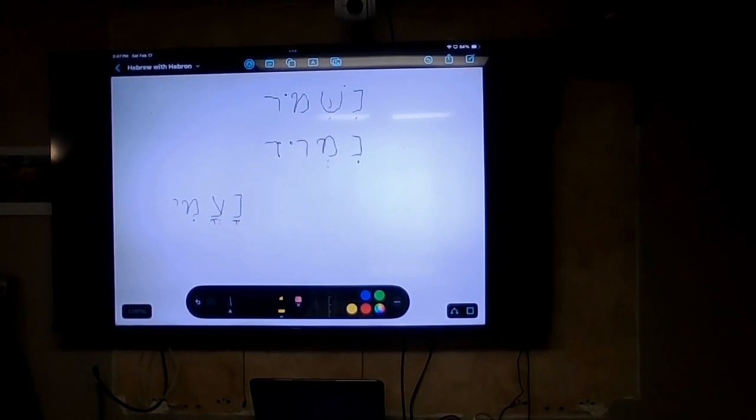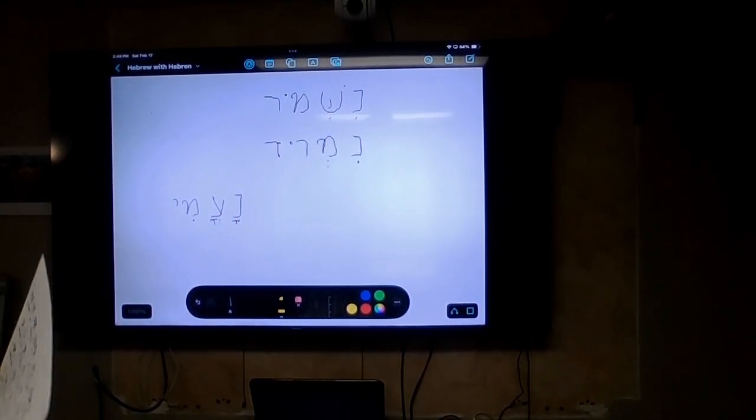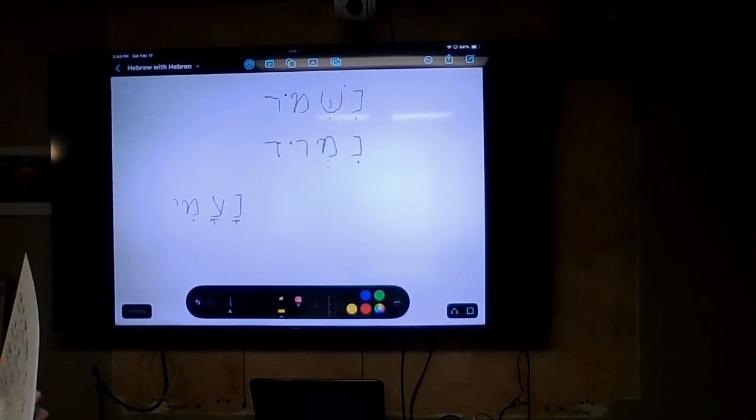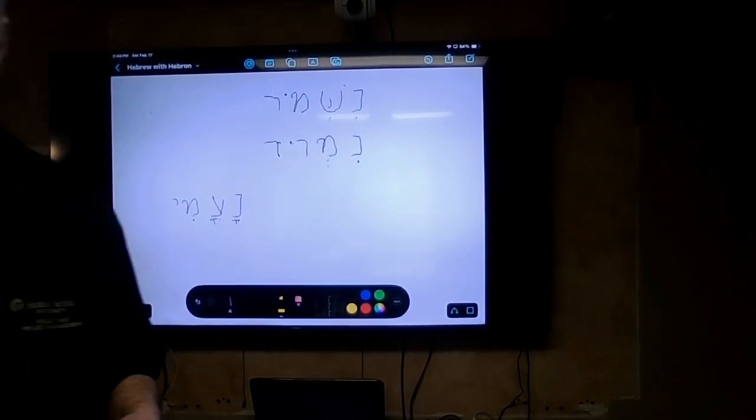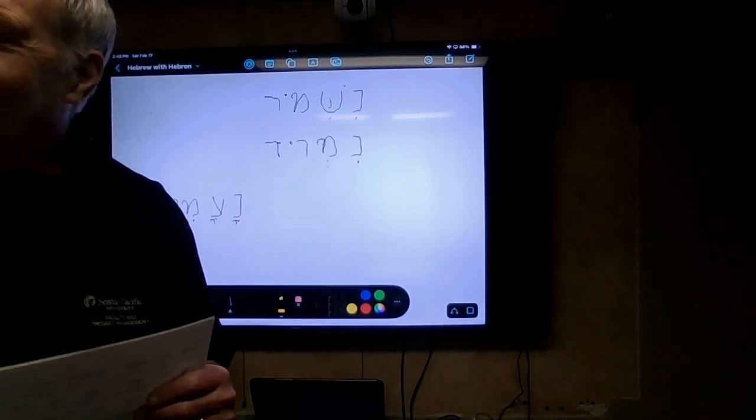One is a future jussive, and the other one is perfect. Actually, I think I figured it out. The first one is a future, and the second one is a vav consecutive. So the vav consecutive makes it into past.